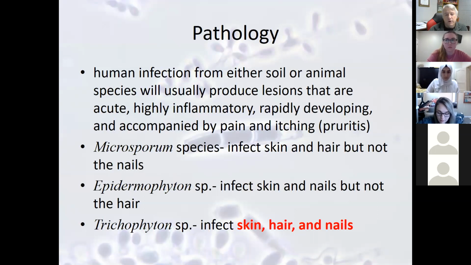Pruritus. So the Microsporum species infects skin and hair, but not the nails. Epidermophyton infects skin and nails, but not the hair. And Trichophyton infects skin, hair, and nails. So a very fun multiple choice question on those three choices, right?